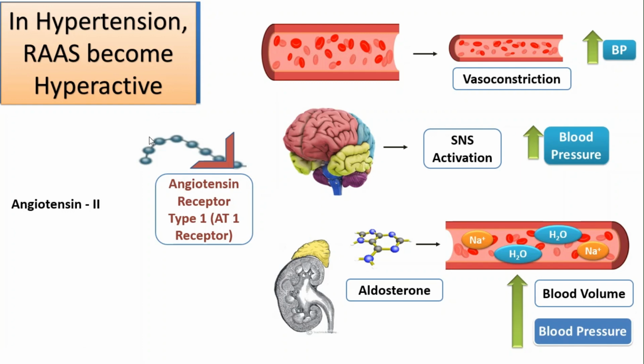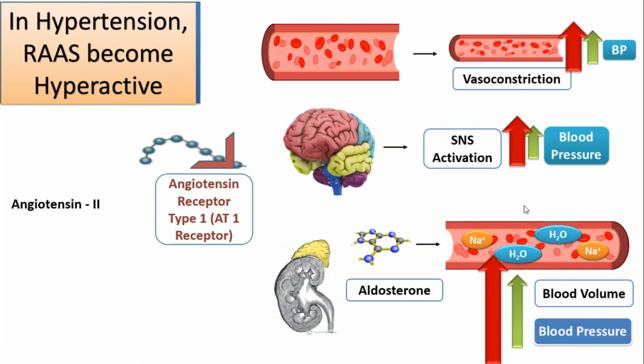So continued activation of the RAS pathway leads to continuous increase in blood pressure. This is how overactivation or hyperactivation of the RAS pathway results in high blood pressure, or hypertension, in hypertensive patients. So, suppressing the RAS pathway is one of the fundamentally considered therapies for controlling blood pressure.